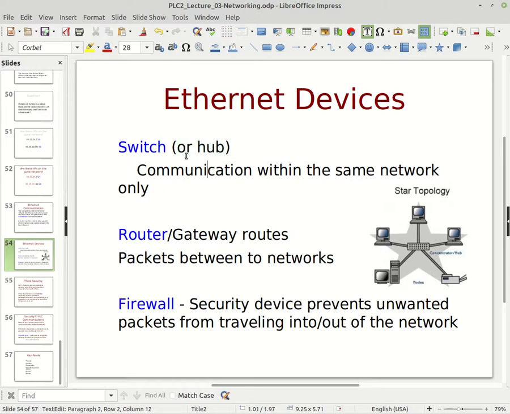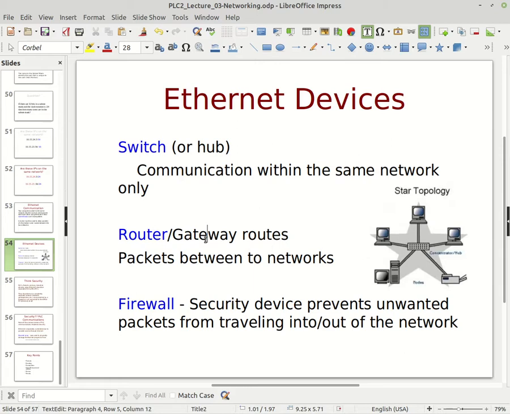All right. But a switch will allow you to plug in with a star topology, as shown in the image here, where you can plug in multiple devices. They could be PLCs, smart sensors, smart actuators, PCs, whatever, all wired into the same switch on the same network. But for them to communicate, not only would they have to be wired together, they would have to know that they're all on the same subnet.